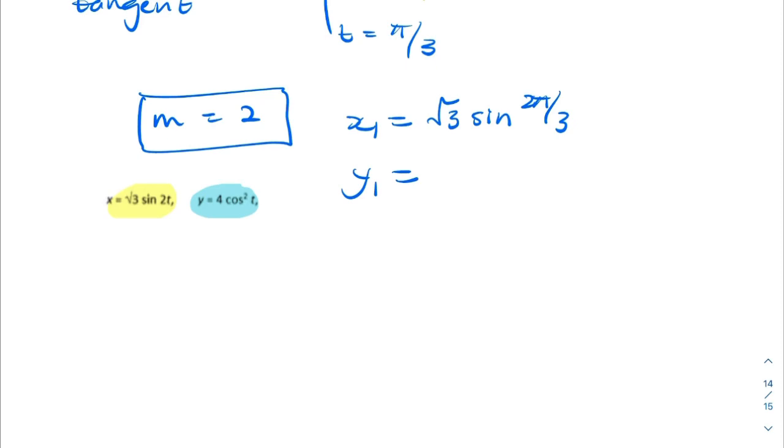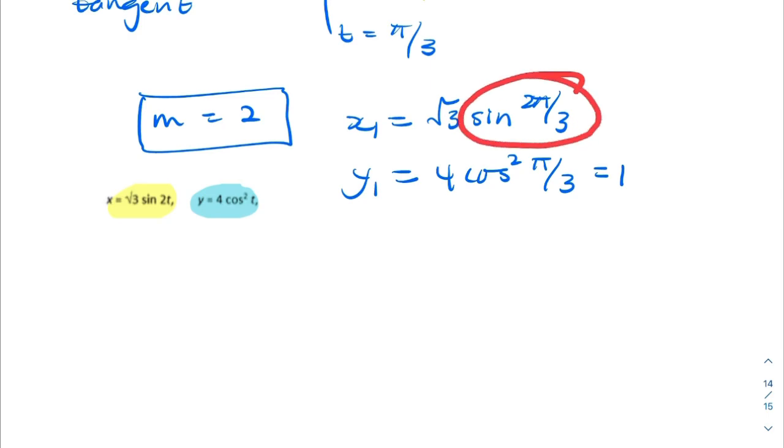And y is 4 cosine squared pi over 3. So I know cosine pi over 3 is half. Half squared is a quarter. Quarter times 4 is 1.